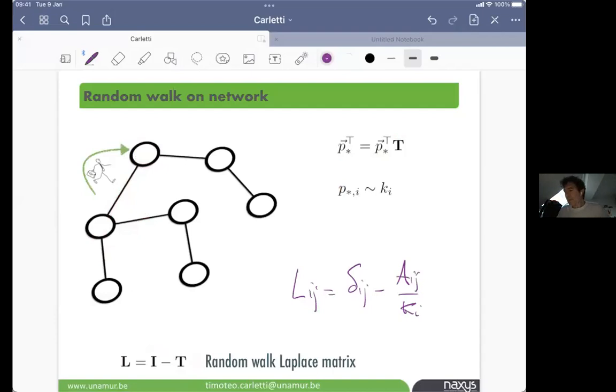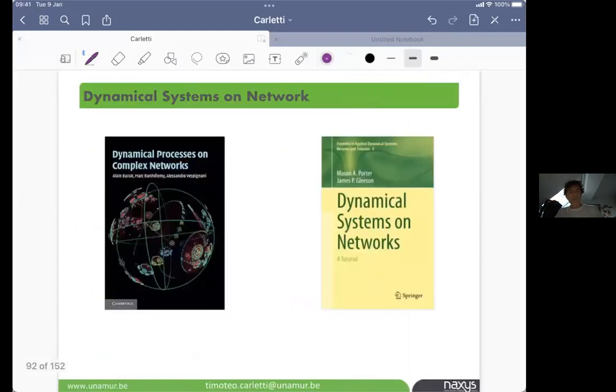Okay, now that we have done this small example and I showed you there is a link between dynamics and topology, I would like to enter the real part of my talk, which is dynamical systems on networks. In the books that I quoted last time by Barabási, also by Newman, there is already a part on dynamics. If you want two more books, I can quote these two.